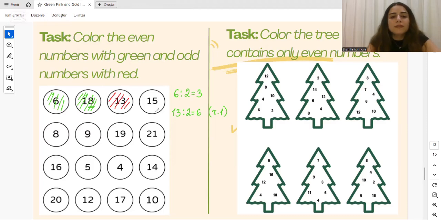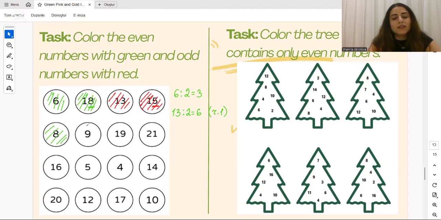And then 15. 15 is an odd number because it ends with 5, and also this number cannot be divided by 2, and that's why we can color it with red. And continue. 8 is an even number, yes, because 8 can be divided by 2 and there is no remainder, and that's why we can color 8 with green.